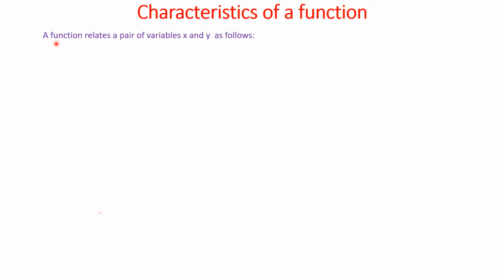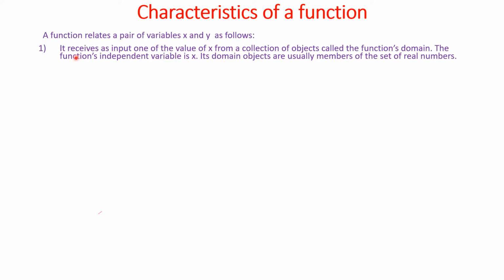A function relates a pair of values x and y as follows. It receives as input one of the values of x, and the values of x are coming from a collection of objects called the function's domain. The function's independent variable is x.